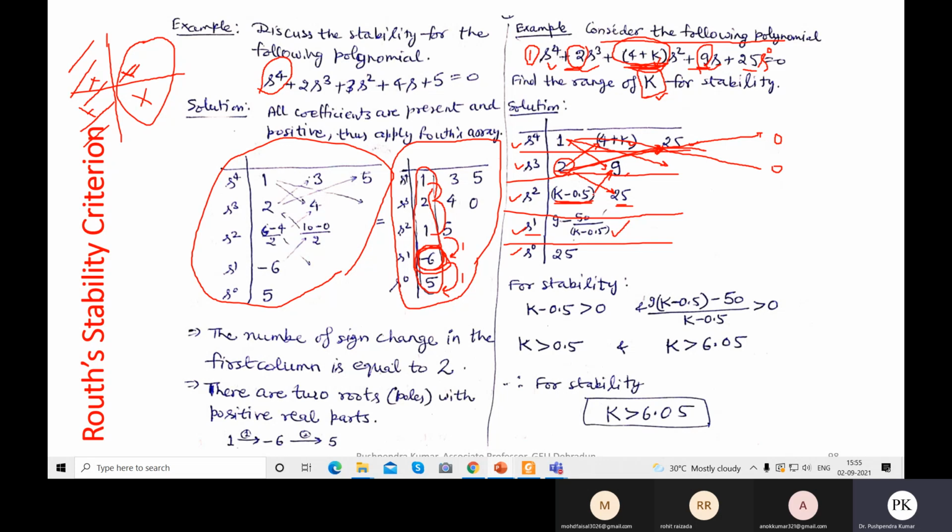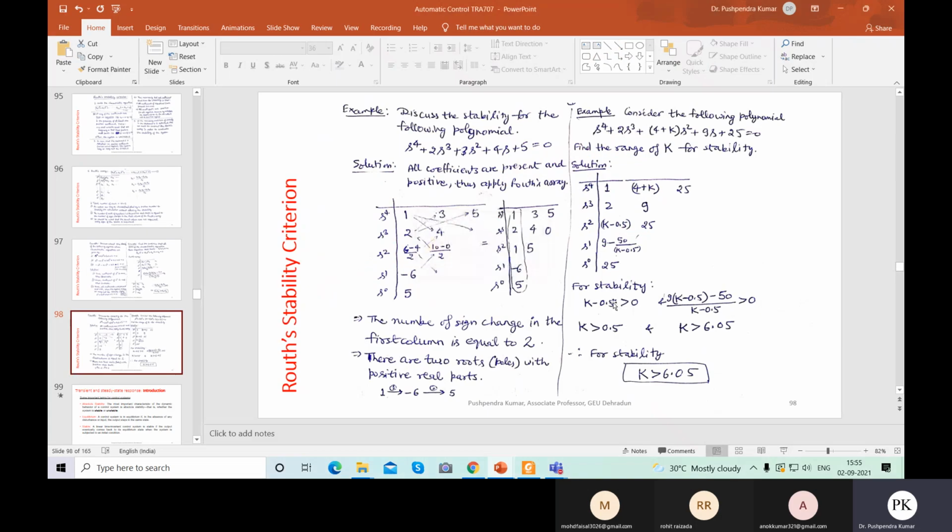Further you cannot move because there is no term here, it is 0, so only one term will be there. Now the last row: you multiply this to this minus this to this, here is nothing so 0, and divided by this, so it will be only 25. So this is the calculation for the Routh array, and our Routh array is ready.